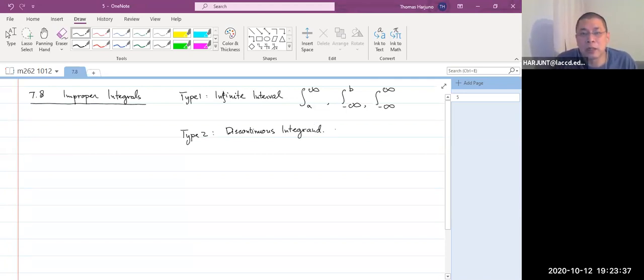To be more precise, it's called discontinuous with infinity.